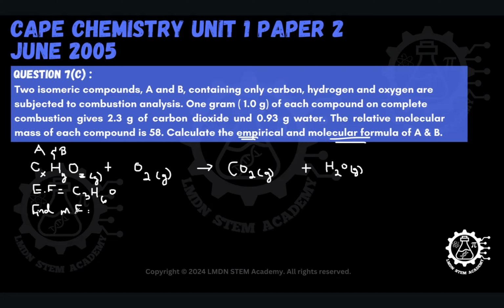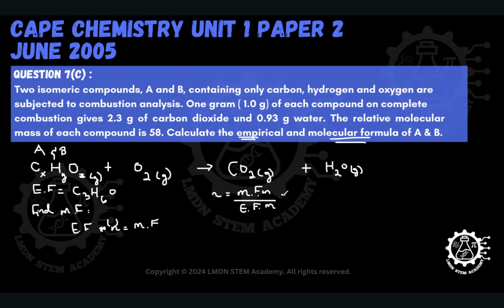The formula that we had discussed in our previous lessons was that the empirical formula times a factor n is going to give us our molecular formula. And so we have to figure out what n is, right? So n we can find by dividing our molecular formula mass by our empirical formula mass.